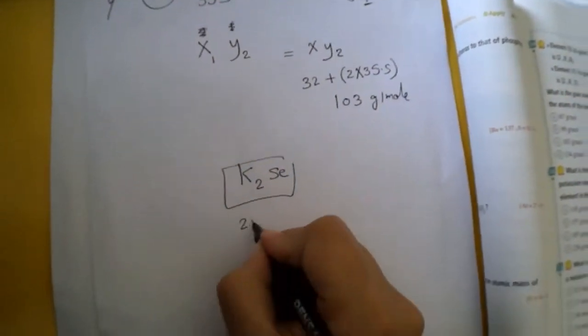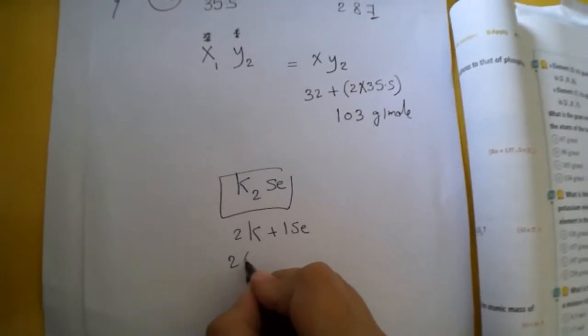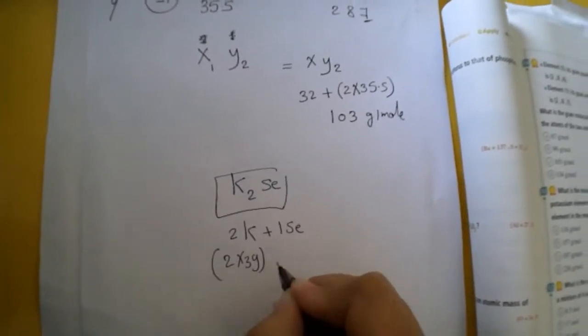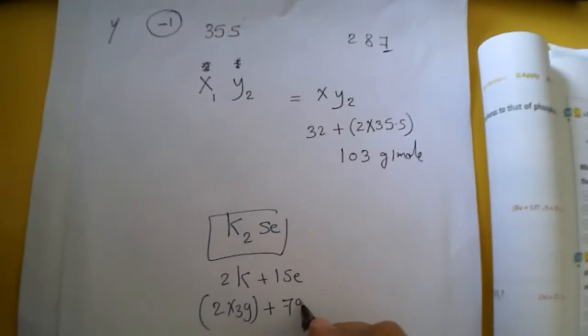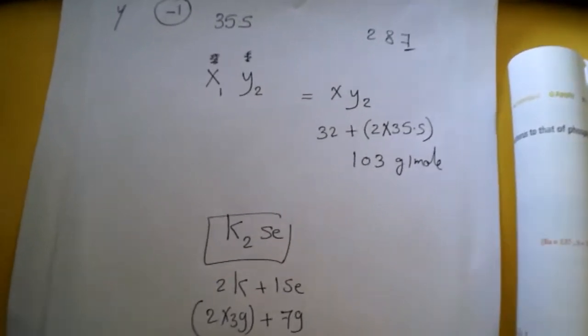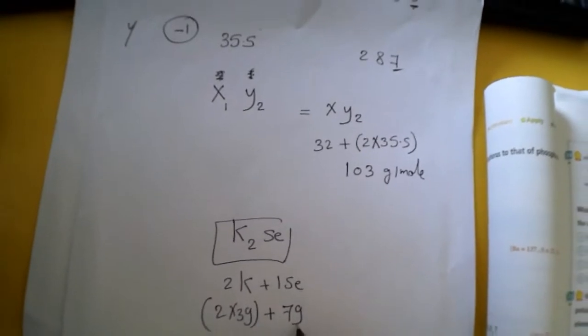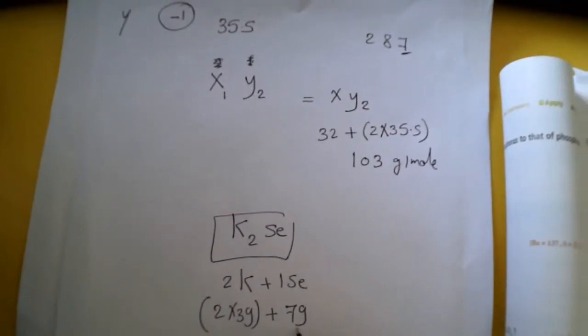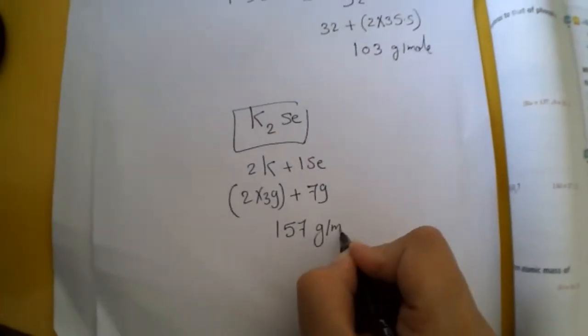It's formed from 2K plus 1 Se, 2 times 39 plus 79. So it's almost 157 gram per mole.